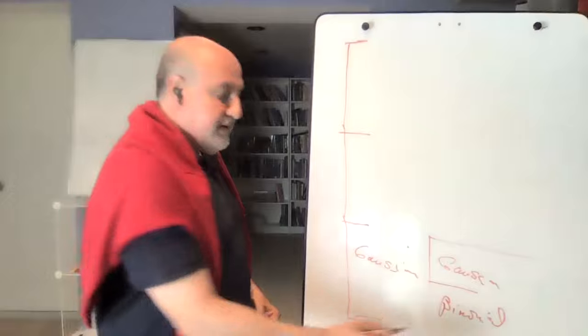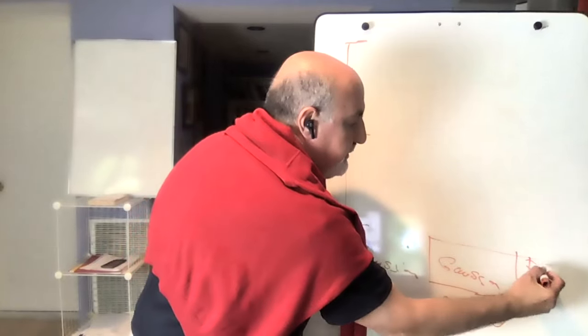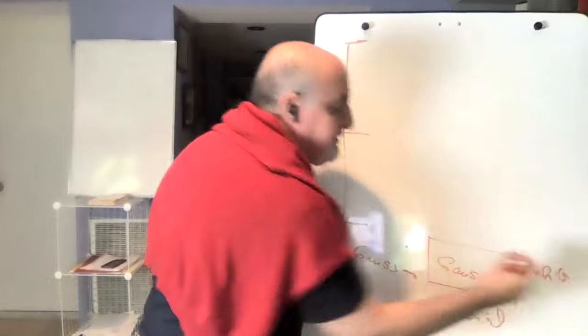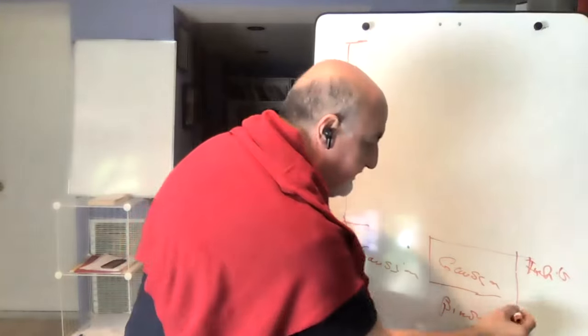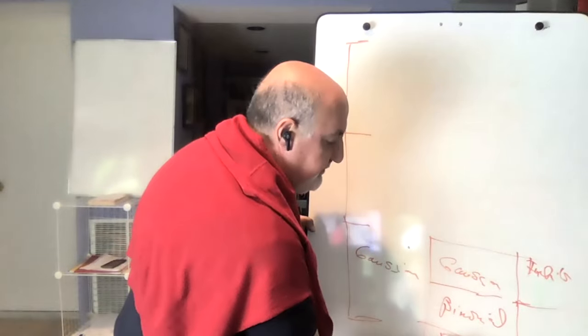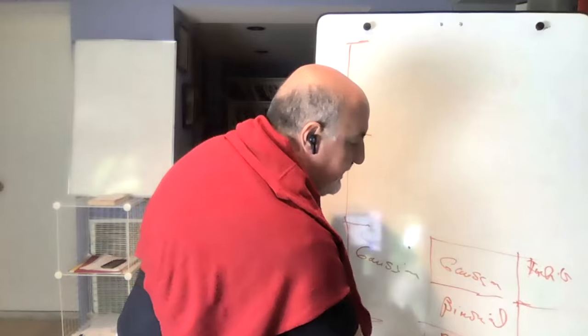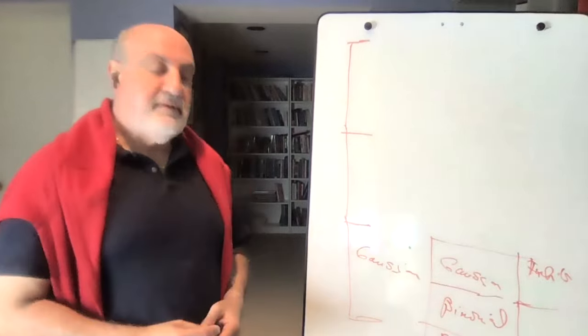Because the binomial doesn't go to infinity. These are finite support, while the Gaussian has infinite support on plus infinity, minus infinity. And below the binomial, you have the Bernoulli. And of course, below the Bernoulli, you have the so-called degenerate distribution.